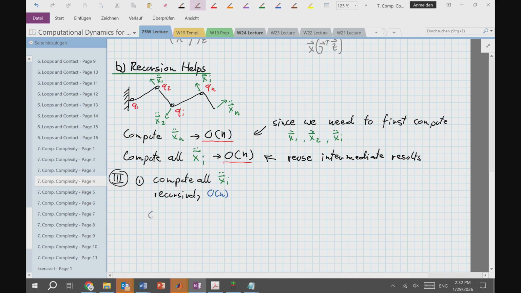And that's because computing the value for my last body, x and b, automatically means we have to compute all of them.